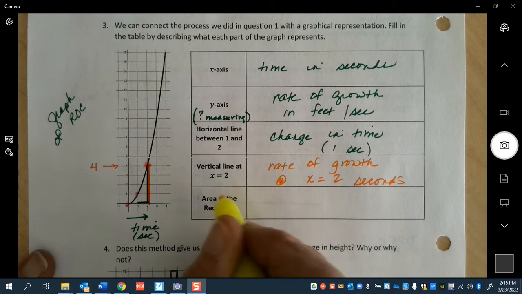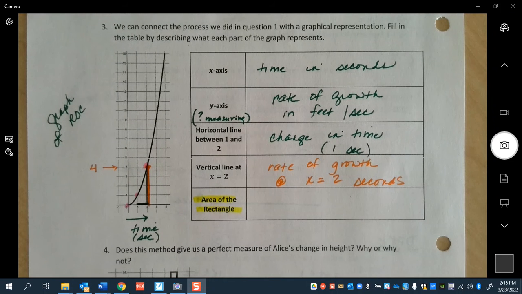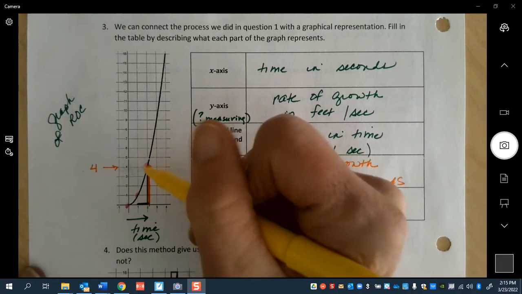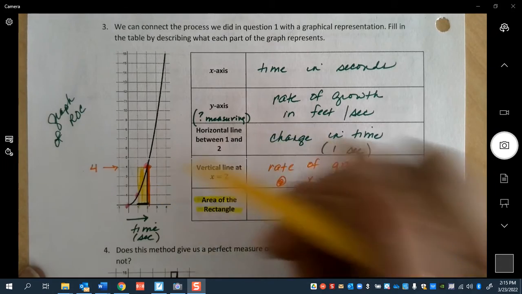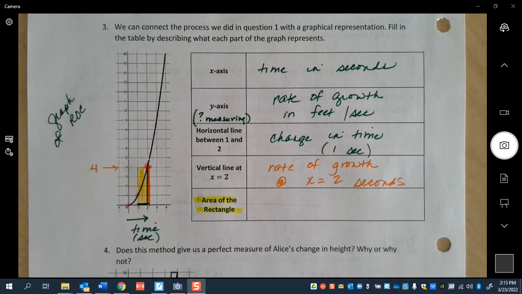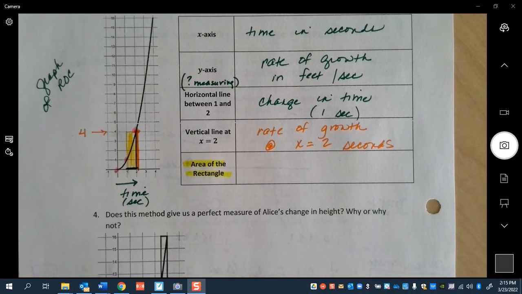Area of the rectangle. What rectangle are we talking about? What is the area of that rectangle? Yeah, that's her accumulation change. That's her height that she changed.